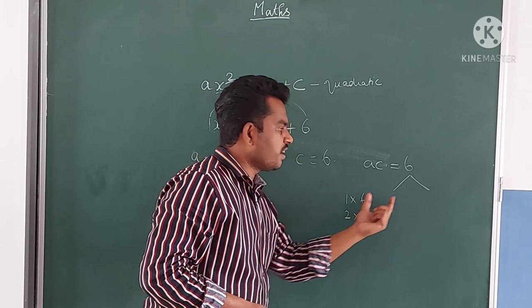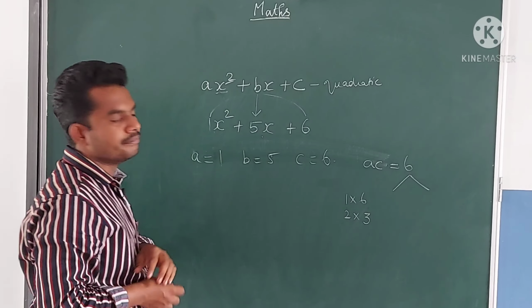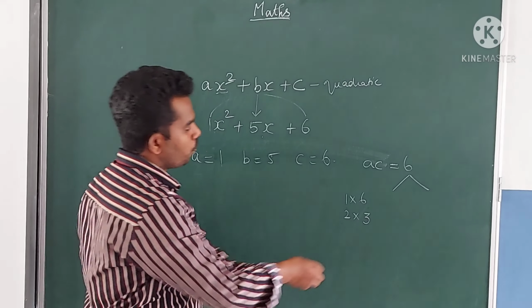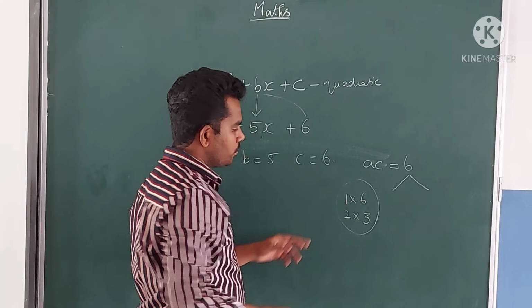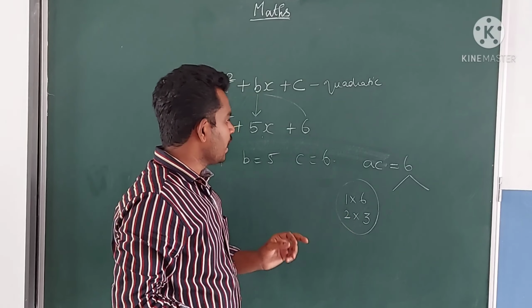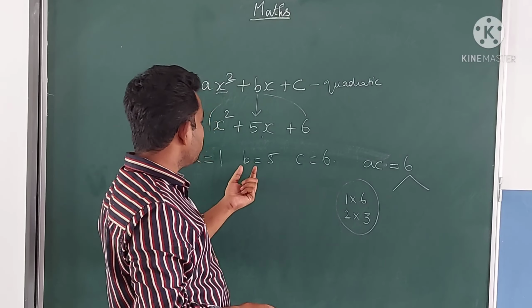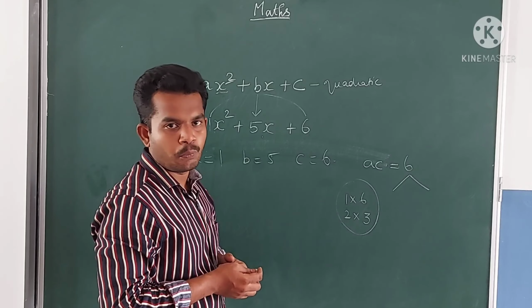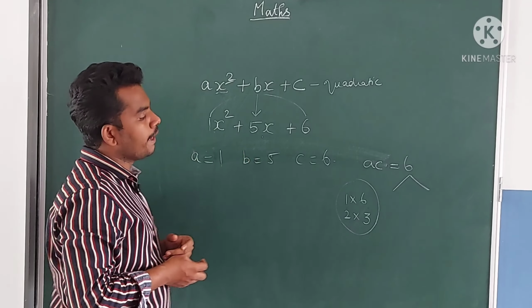Which numbers are suitable for this sum? First you observe the factors, 1 into 6 or 2 into 3. Which one is suitable for this type of polynomial?